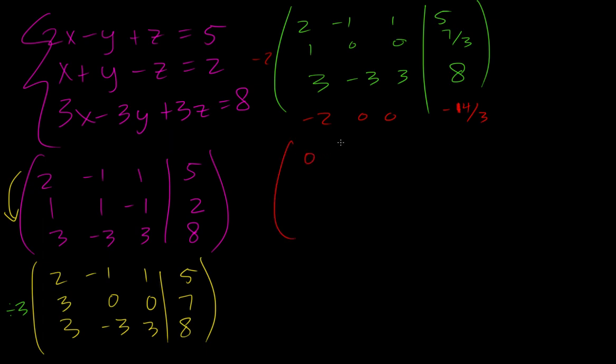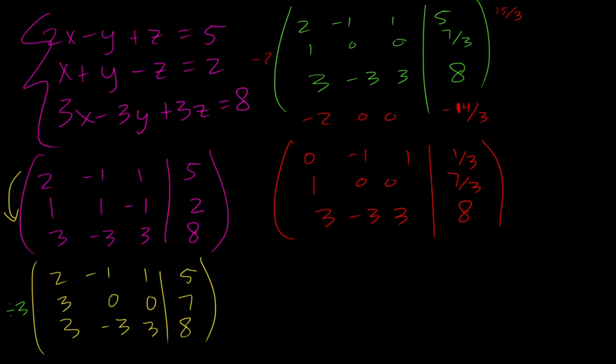So we end up with 0, negative 1, 1, and then we have 5 plus negative 14 thirds. So I'm going to think of the 5 as 15 thirds, and if I add those together, it just becomes 1/3. Okay, the second row stays the same. Bottom row stays the same.